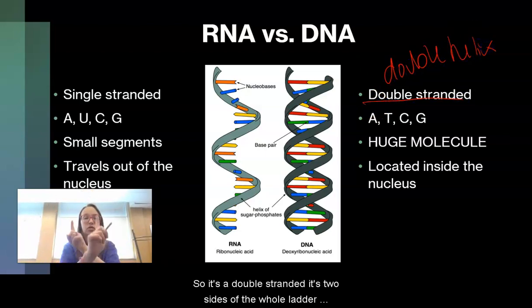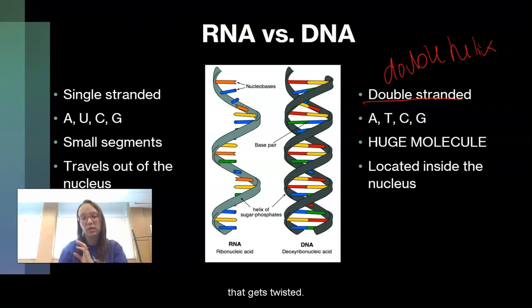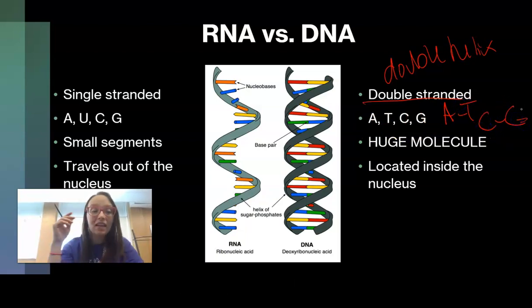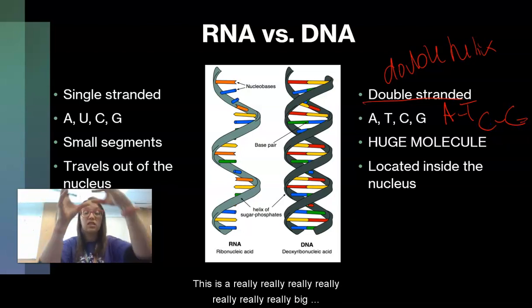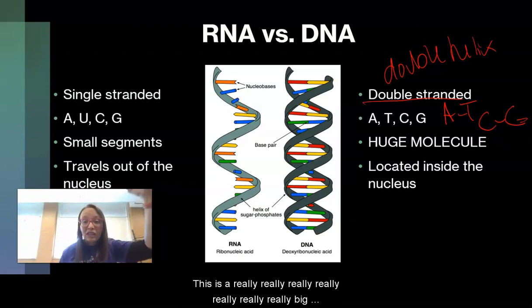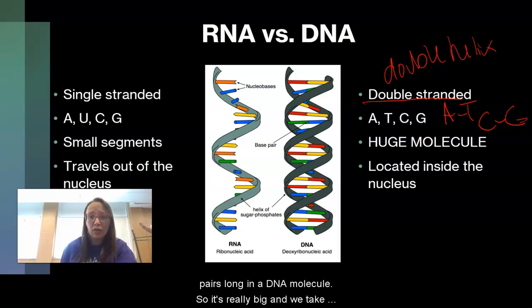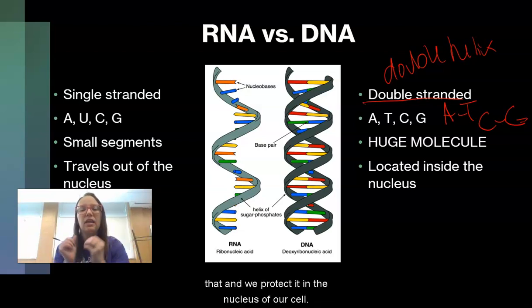It's two sides. It's a whole ladder that gets twisted. We have A, T, C, and G. So those are our bonding rules, A to T and C to G. And it's huge. This is a really big molecule. You have trillions of base pairs long in a DNA molecule. So it's really big. And we take that and we protect it in the nucleus of our cell.